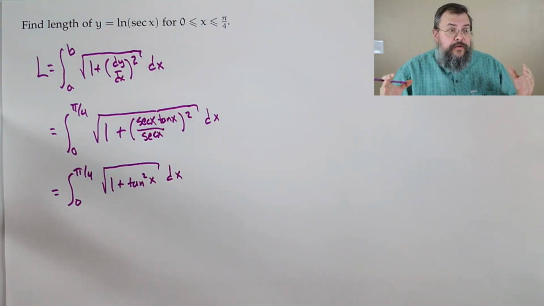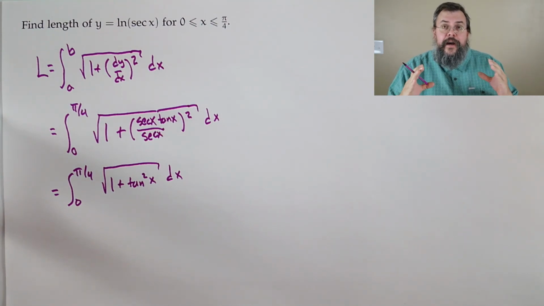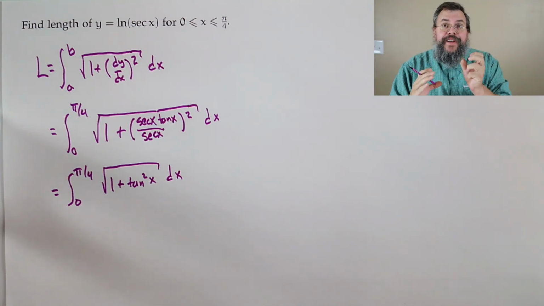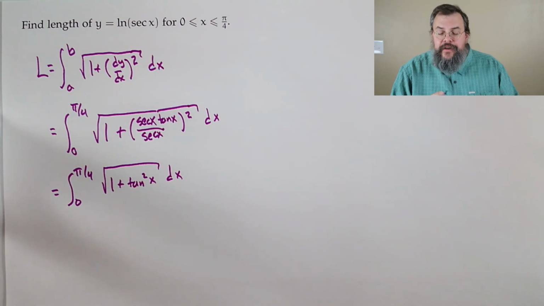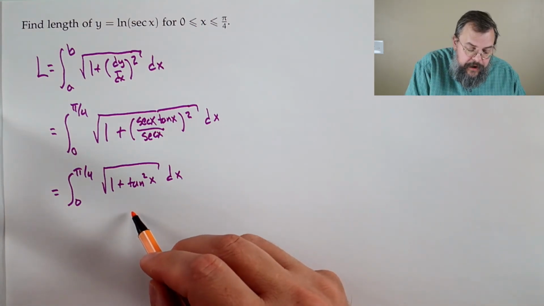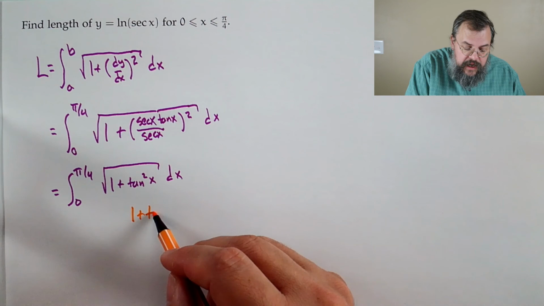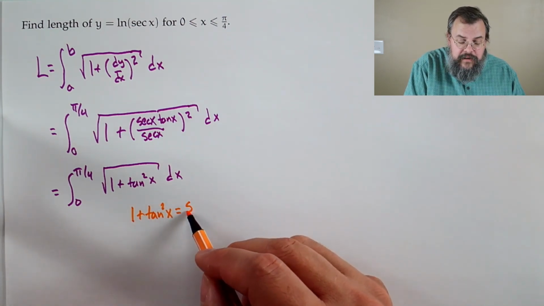So we ask ourselves, can I rewrite 1 plus tangent squared in a nice way, in some way that I don't have a plus, just a single term? We start digging around in our trig identities, but we don't have to dig very far because there's a very familiar trig identity which says that 1 plus tangent squared of x is equal to secant squared of x.